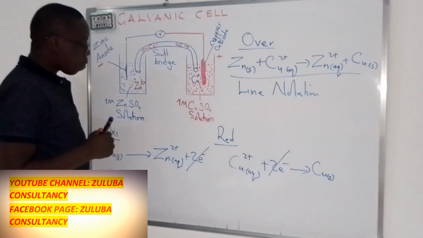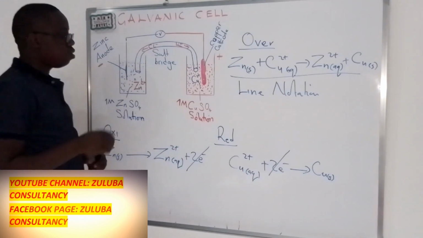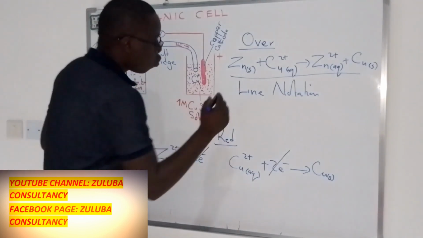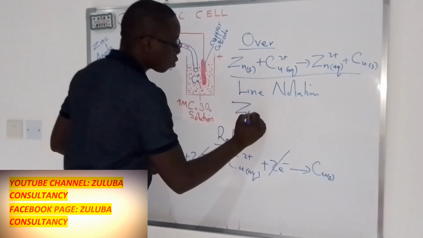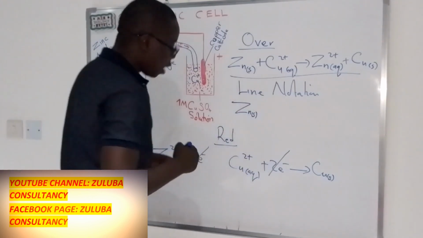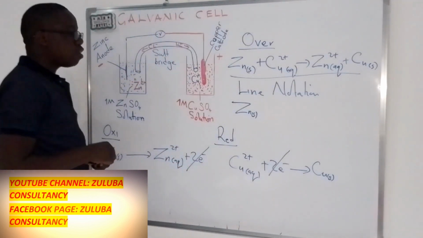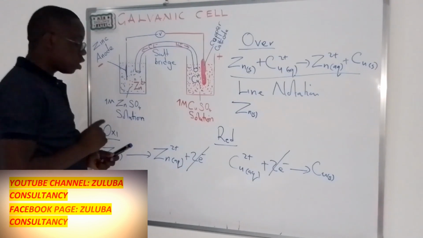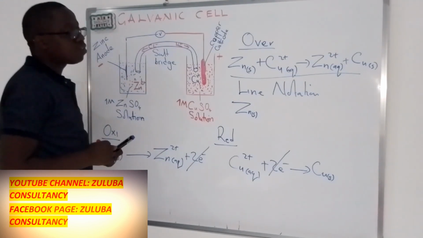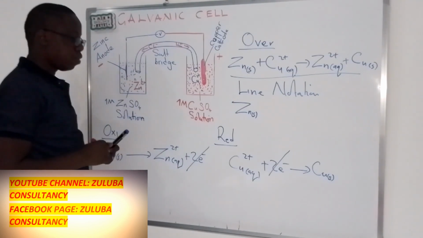So what is happening on the anode? On the anode, we know that zinc, solid, is undergoing the oxidation reaction to produce zinc ion.